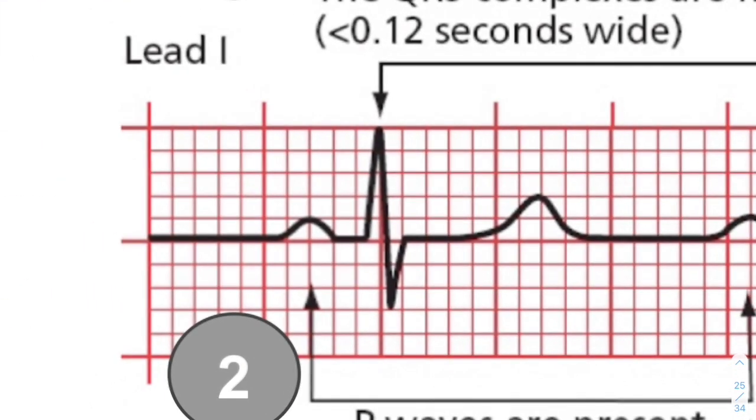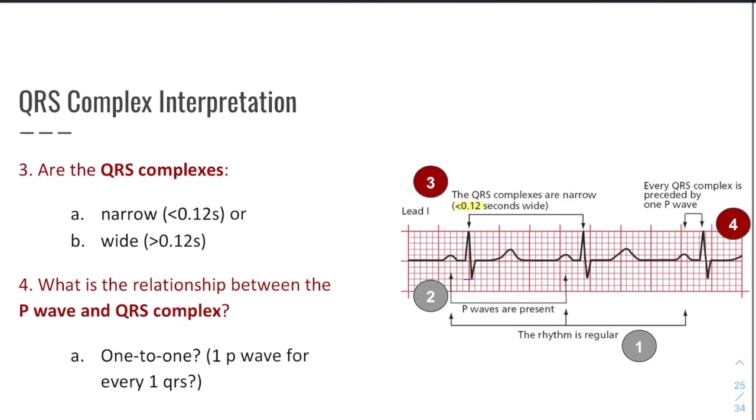A nice narrow QRS complex looks something like this, and the duration that you're looking for is 120 milliseconds or 0.12 seconds, and that's less than 3 small boxes as well. You can see this duration of the QRS complex is about 1.5, so that would be normal. A wide QRS complex is going to look wide, and it's going to be larger than 3 small boxes, so that's going to tell you that it's greater than 0.12 seconds.